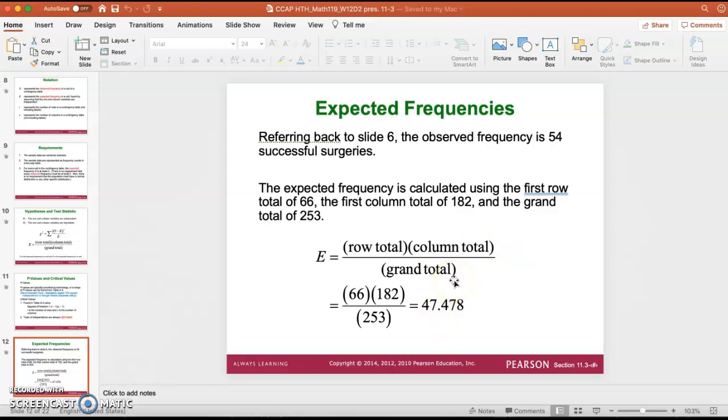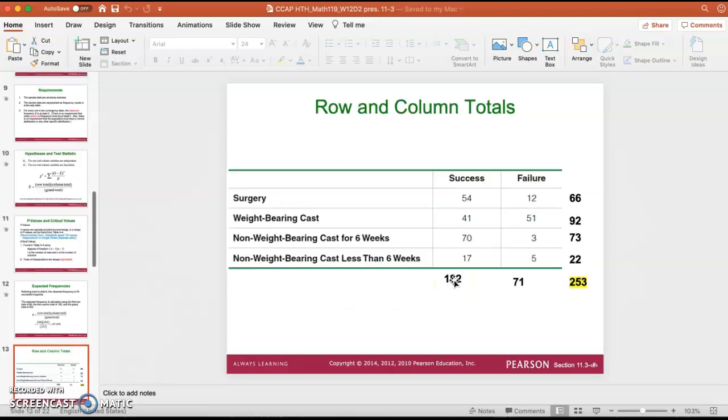It's totally fine if we have decimals for the expected frequencies. Just to reiterate, I look at the column total and the row total, and to get the expected frequency that goes in this cell, I do 66 times 182, since that's where those meet, divided by the grand total of 253.